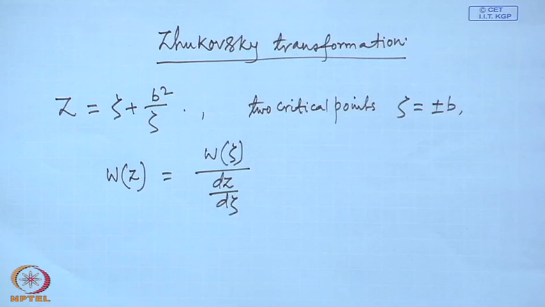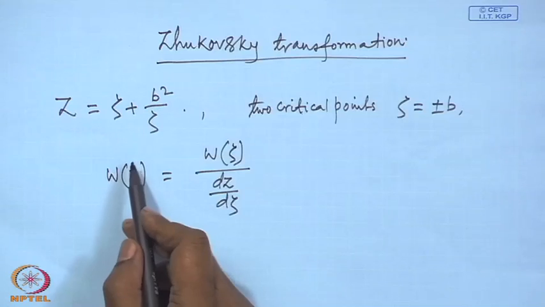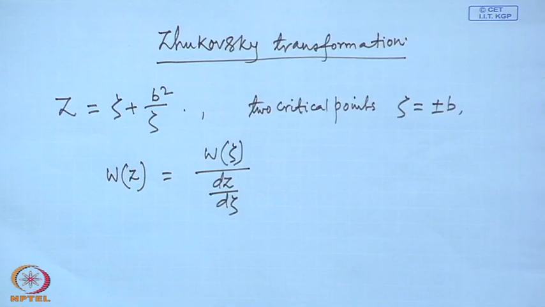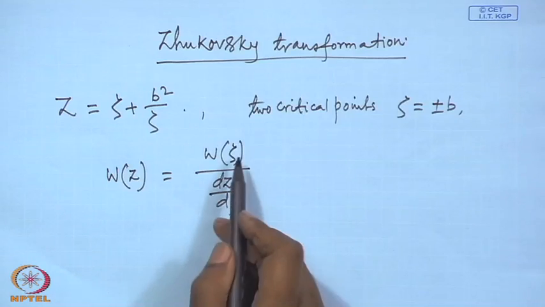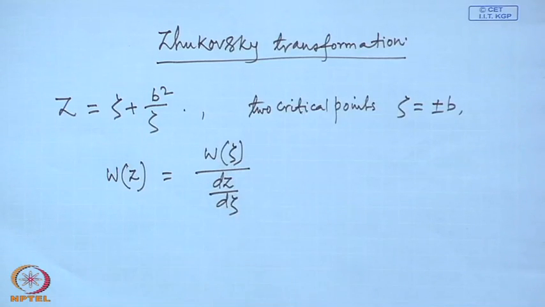So, since the point corresponding to the critical point on the circle is not a singular point on the airfoil plane, this w zeta must be 0 at zeta equal to plus minus b. That means this will help us to find the value of circulation.